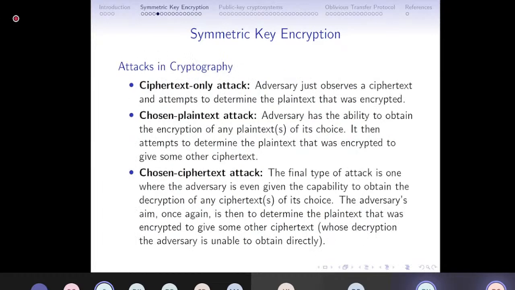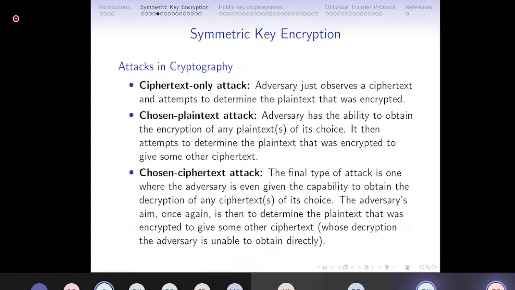There are several attacks on cryptography. The first one is the ciphertext only attack. What is the meaning of ciphertext only attack? Given only the ciphertext, suppose someone encrypted the message and sent the ciphertext. By using that ciphertext, the aim of the adversary is to determine the plain text. The next attack is the chosen plain text attack.